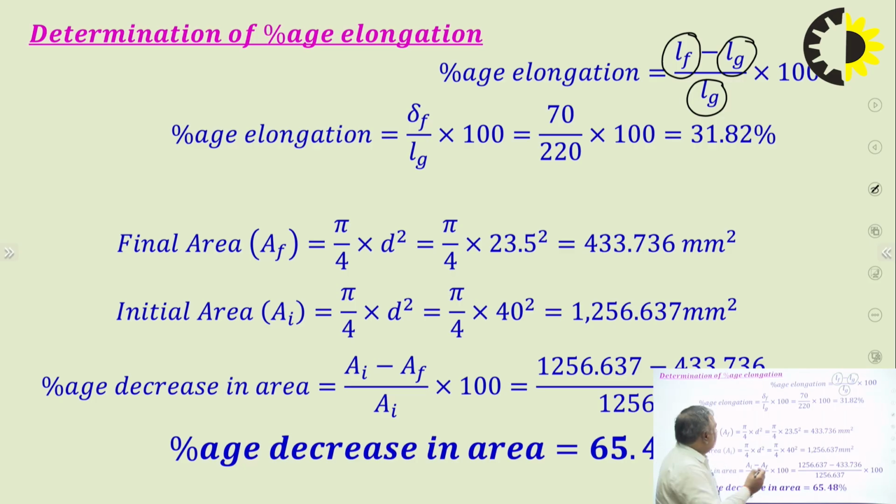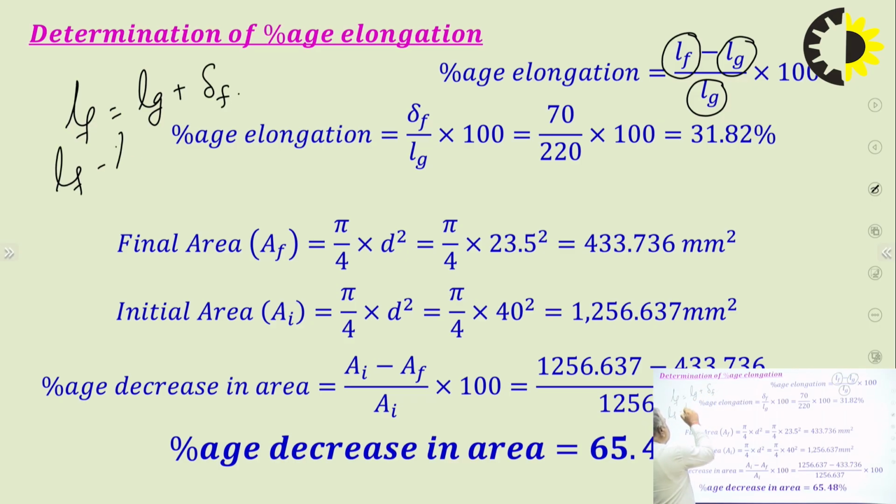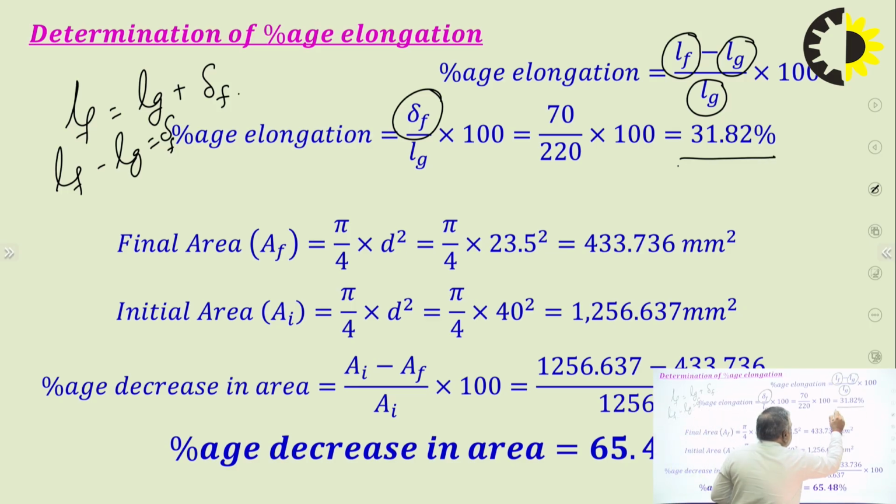So LF will be gauge length plus delta F, so LF minus LG is nothing but delta F. We divide this delta F by LG into 100. So 70 upon 220 into 100. This is the percentage elongation of the length of this bar under this loading condition.